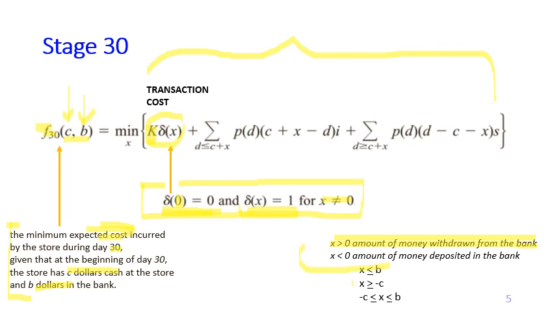So that's why X is less than or equal to B. B is the money that we have in the bank, and X is what we withdraw, must be less than or equal to B. For the money that we deposit in the bank, because the sign is negative, X must be greater than or equal to minus C, which means that if you have, let's say, $59 in your hand, then X can be minus 59, minus 58, minus 57, minus 56, and so on.